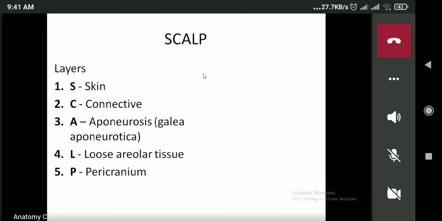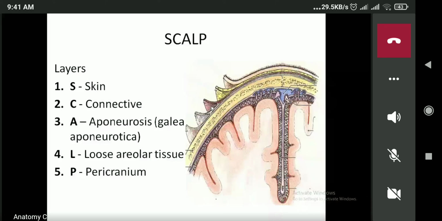And the scalp consists of 5 different layers. These 5 layers of scalp can be memorized by using a mnemonic, whose initials represent the word itself. The word SCALP denotes the 5 layers.